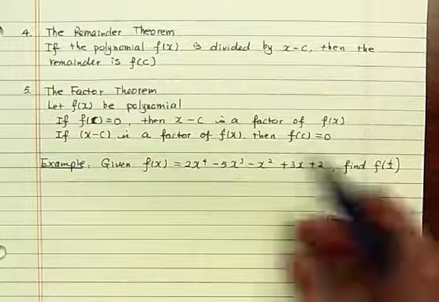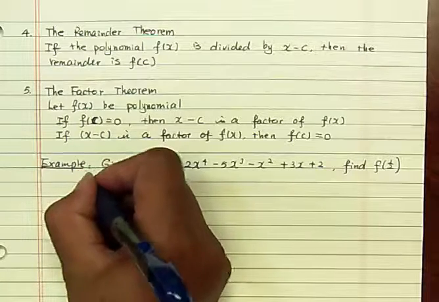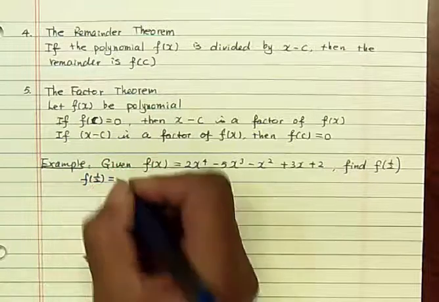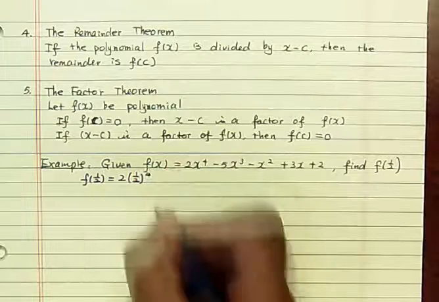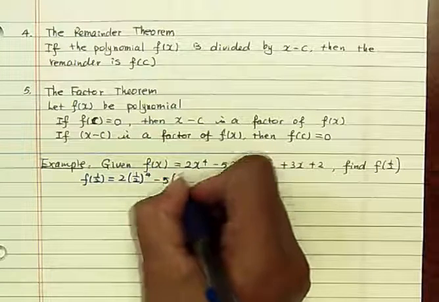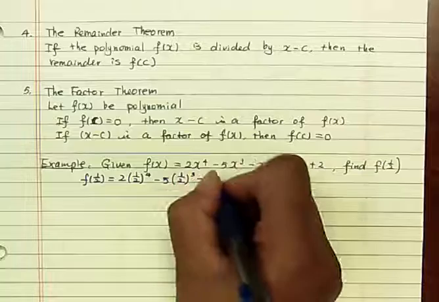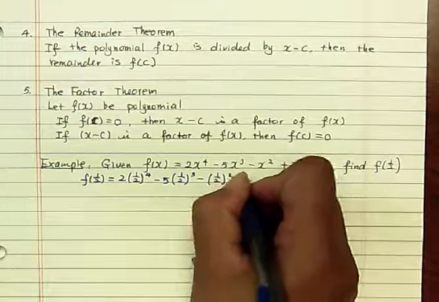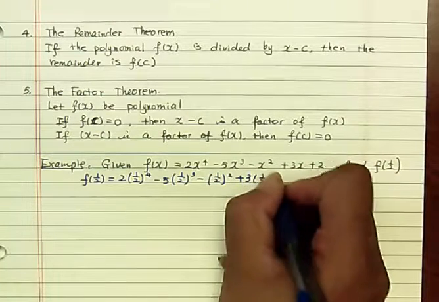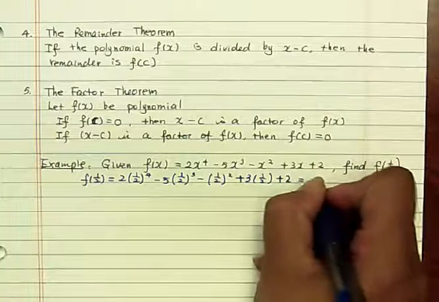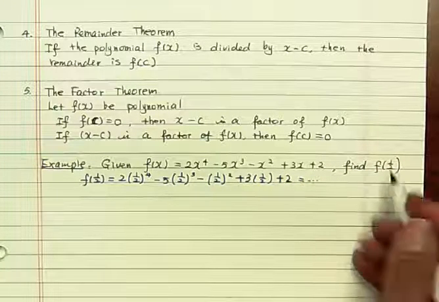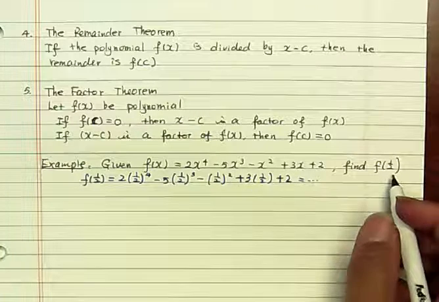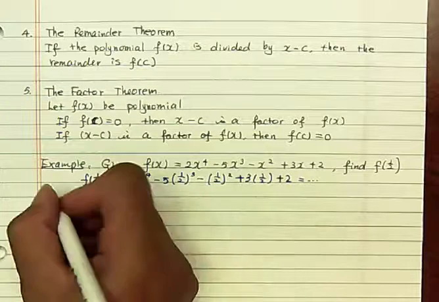Before today's lesson, the way we do evaluation of the function is f of 1/2 equals 2 times 1/2 to the 4th power minus 5 times 1/2 cubed minus 1/2 squared plus 3 times 1/2 plus 2, whatever you get. But today we can take advantage of synthetic division, using the remainder theorem.